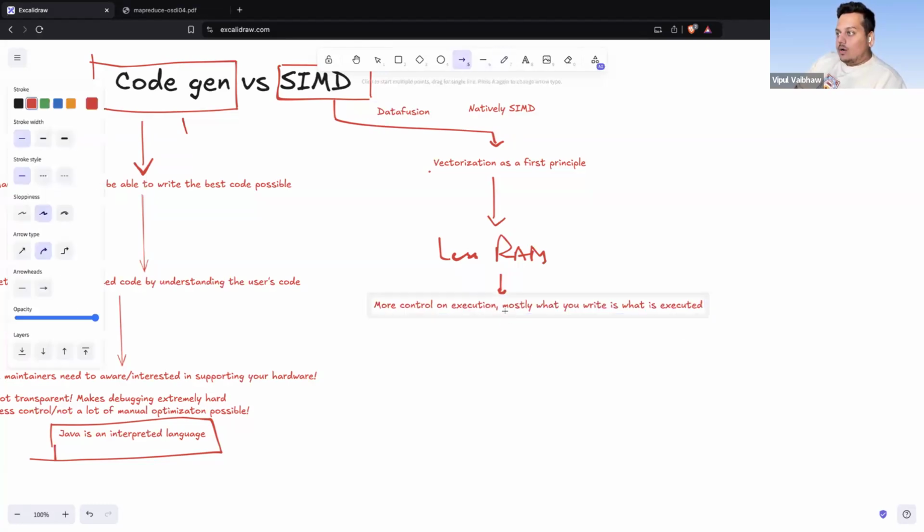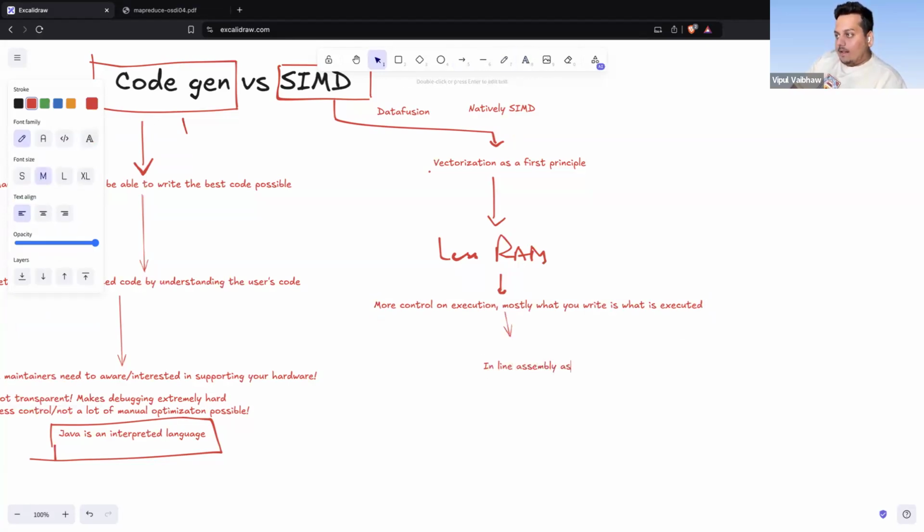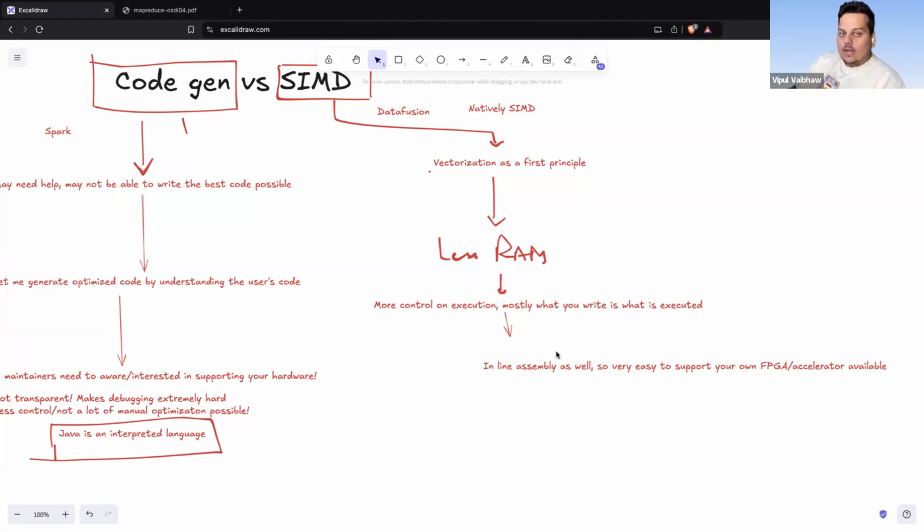You have got more control. You can write inline assembly as well. So very easy to support your own FPGA or whatever accelerator. There is no change. Query looks exactly the same. That is the beauty. All of these things are internal. So for you, there is no change as a user.